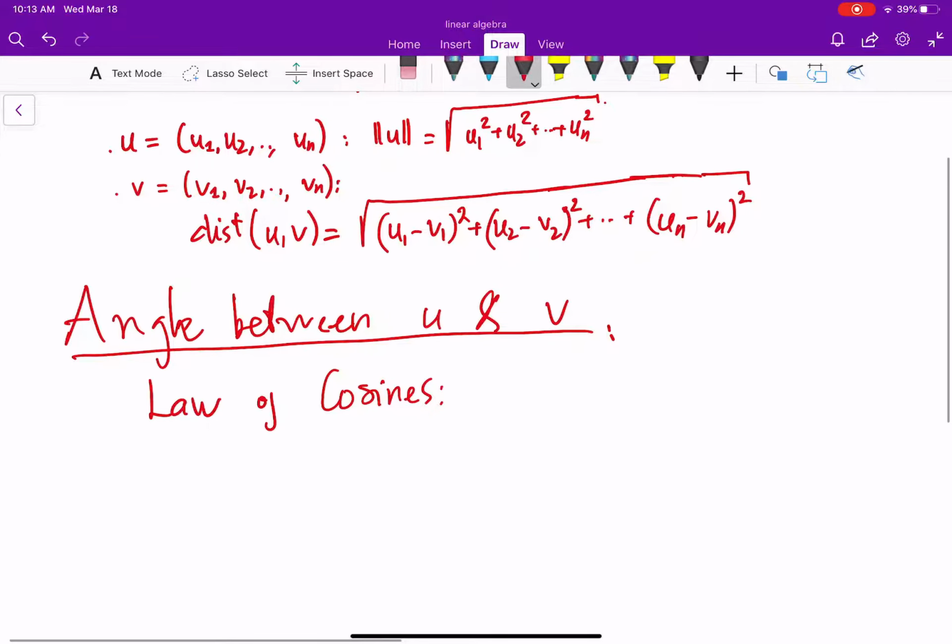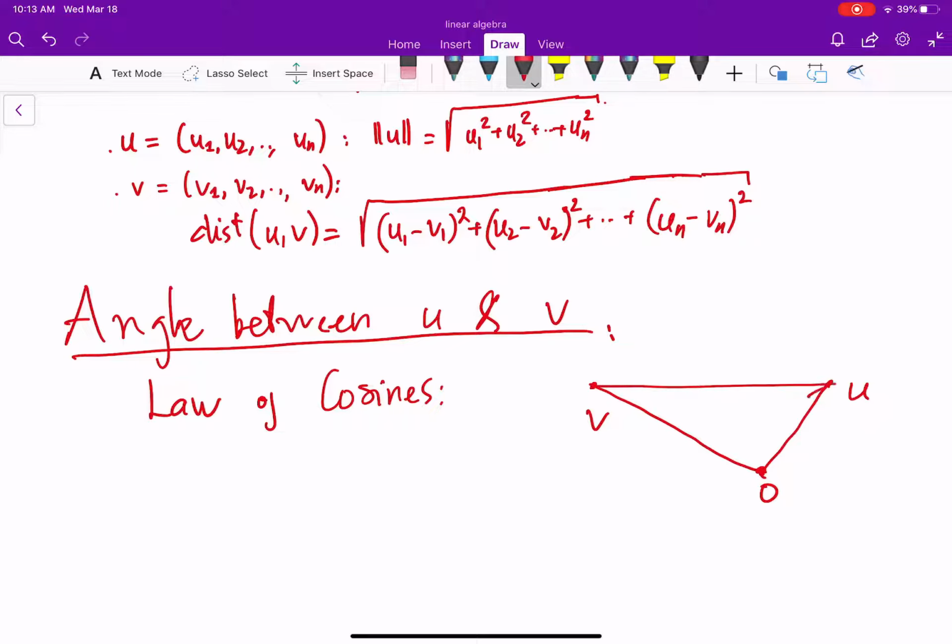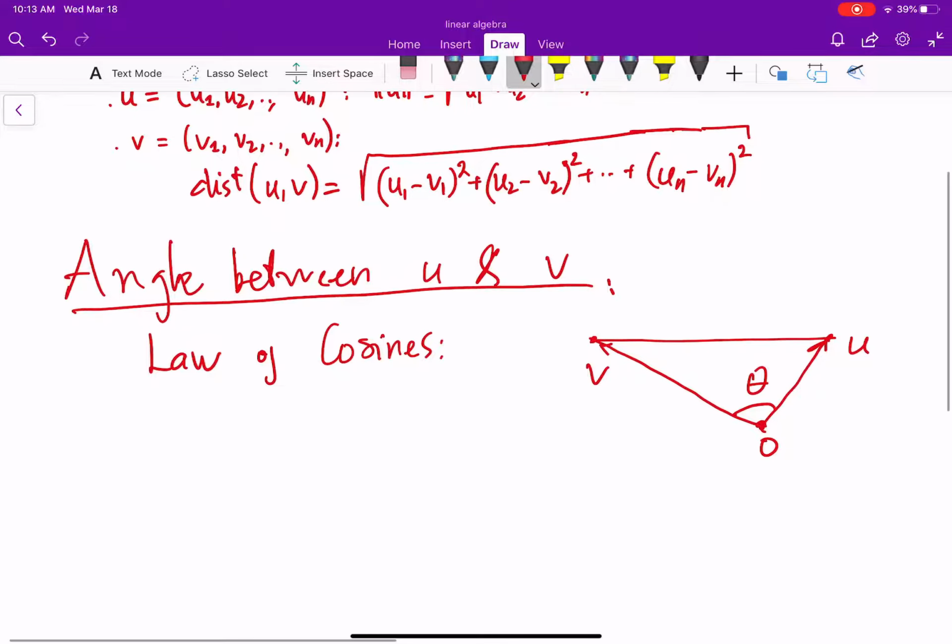So the law of cosine says if you have two vectors, right? Here is the origin, here is the u, here is the v. So you can determine the angle between u and v, right? And here is norm of u minus v, okay? And then here is the norm of v, and this is the norm of u.